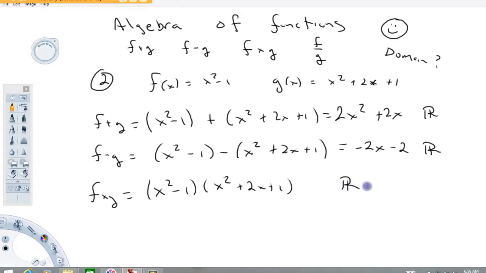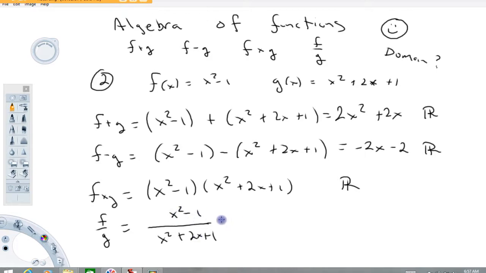All right. Last one, f over g. So that's going to be our function f over our function here for g. Right. Now, this is, I'd say technically done. We could probably do some simplifying here.